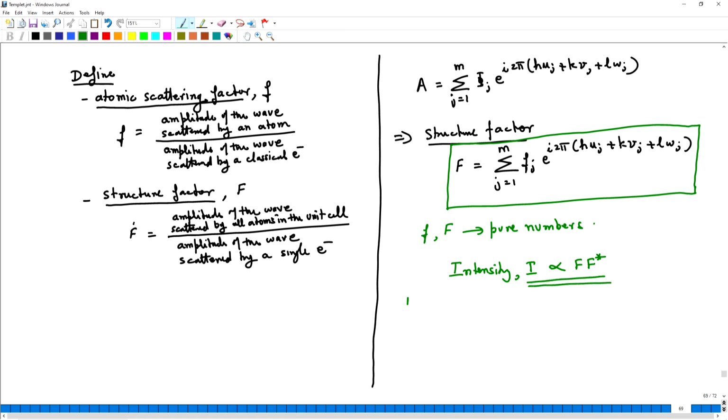So, let us say that Bragg's law or Laue conditions are satisfied. In that case, intensity will be 0 when F, the structure factor, goes to 0, and this is what we call extinction of the scattered beam.